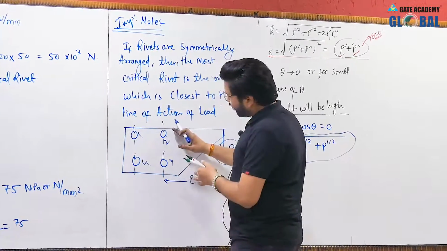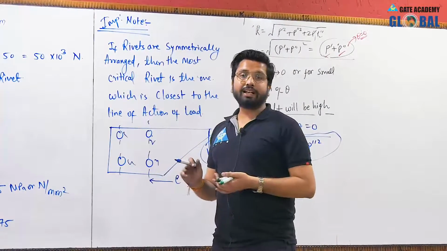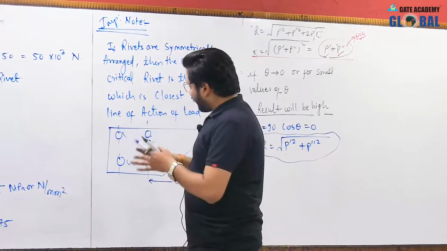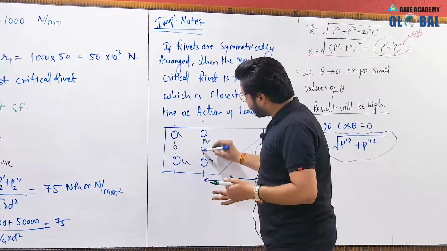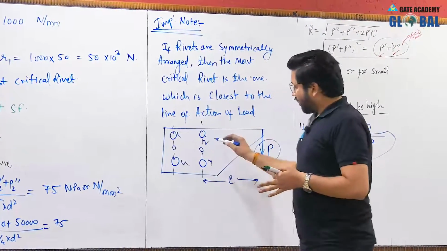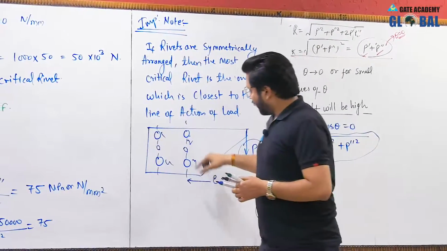Hence rivet number 2 and rivet number 3 may be the most critical rivets. Now if we have 6 rivets like this, this is also a symmetrical arrangement. Then what will happen?